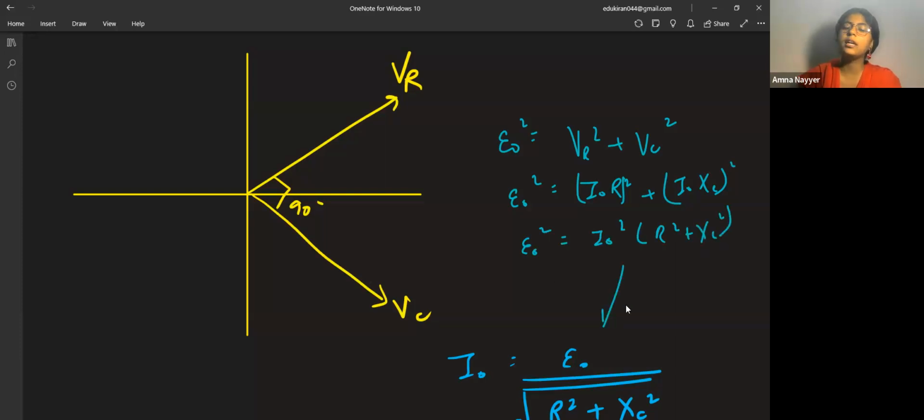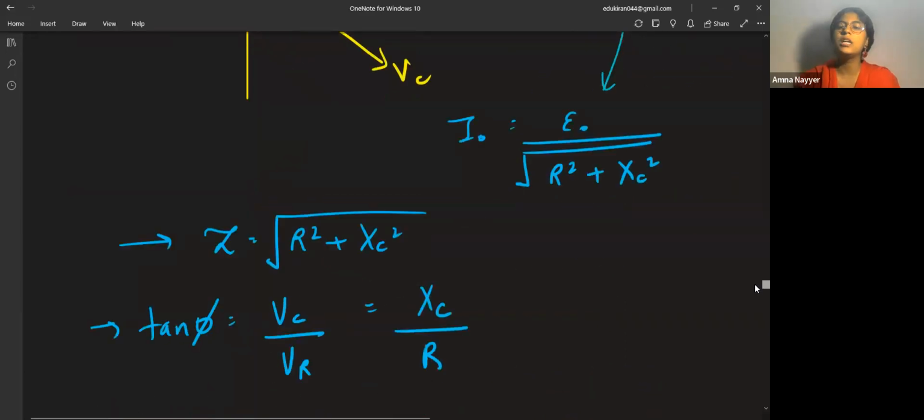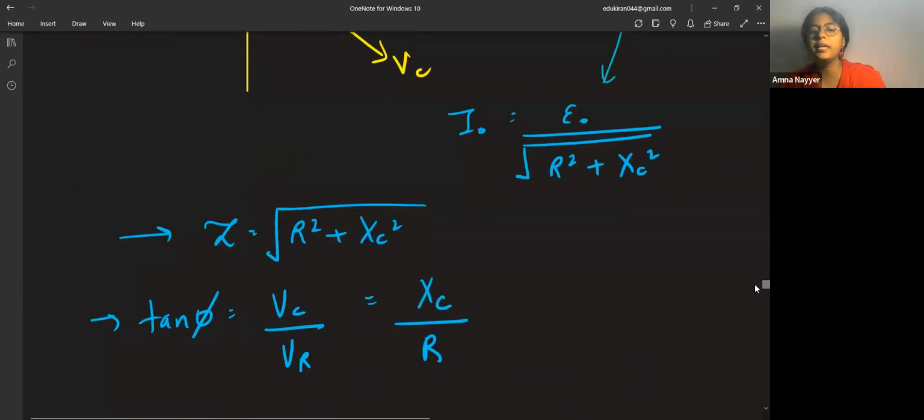From here you can write I naught is equal to E naught divided by under root R square plus XC square. So what is the impedance that you have obtained? The impedance's value is under root R square plus XC square. And what is the value of tan phi? VC by VR. Exactly the same thing.